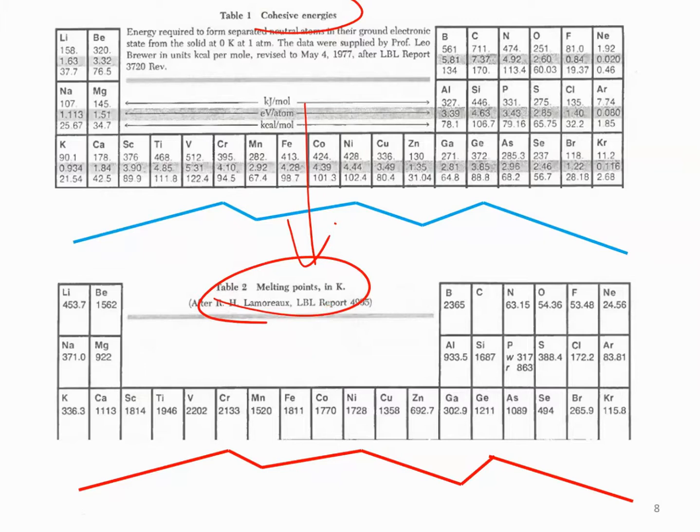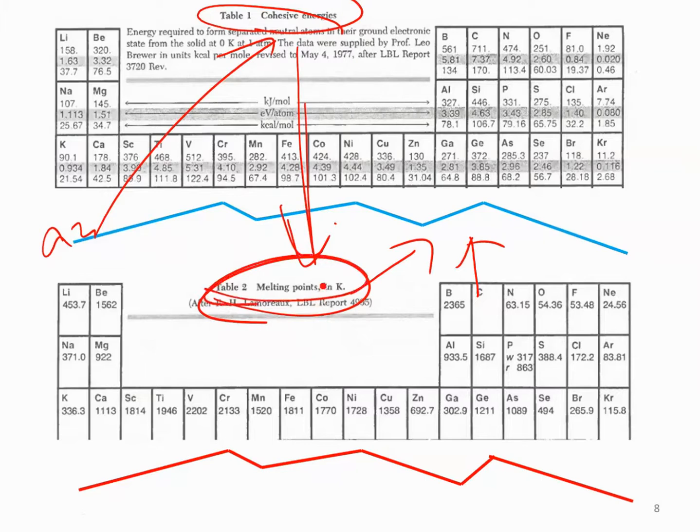When the cohesive energy possessed by a particular element is higher, the melting point is also higher. This cohesive energy depends on the atom arrangement. So the atom arrangement decides the cohesive energy and directly affects the melting point. This is how we relate the atomic arrangement with the property of the solid, because melting point is one of the properties of the solid.